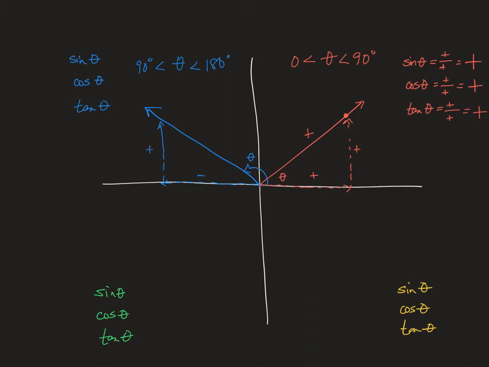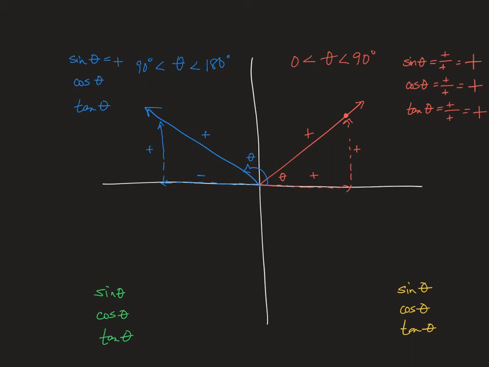And so for me to calculate, well, what is the sine? Sine is always going to be opposite over hypotenuse. And since I'm incorporating hypotenuse, I know my hypotenuse is always positive. So my opposite over my hypotenuse is a positive over a positive, which is positive.